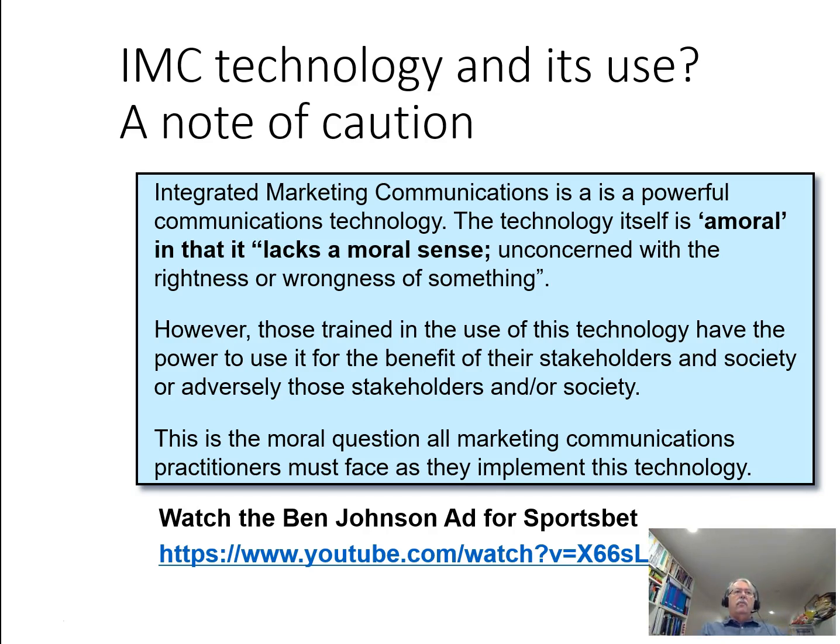So just be aware that we're training a lot of people in how to use this technology, and how users can use the technology for the benefit of its stakeholders and society, or it can adversely affect stakeholders and society. So just remember, it's a moral question all marketing communications practitioners must face as they implement this technology. So just be aware.